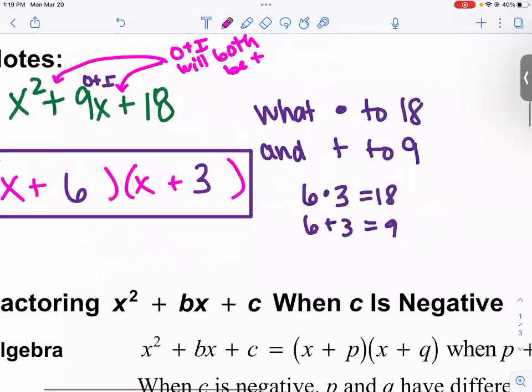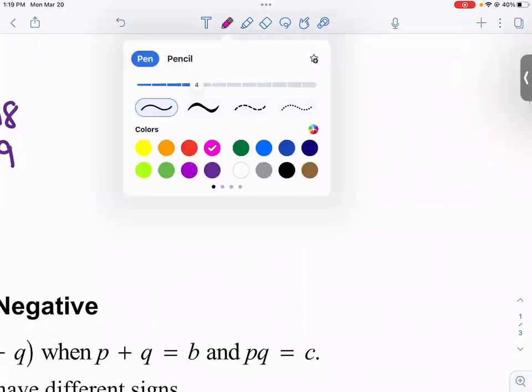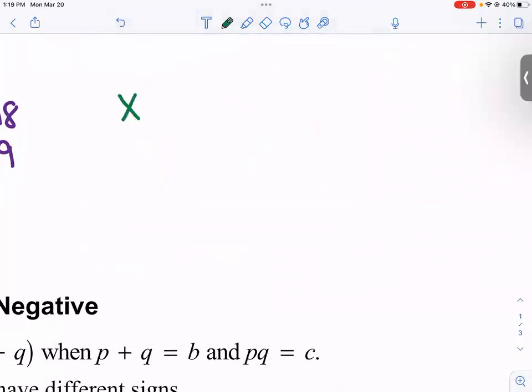Okay, so let's talk about this one. X squared minus 9x plus 20.